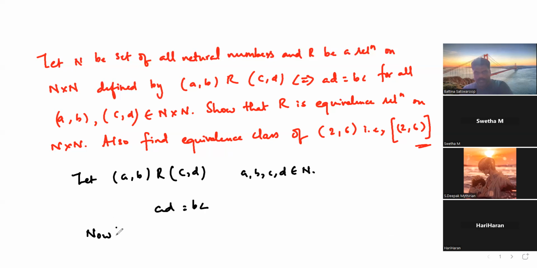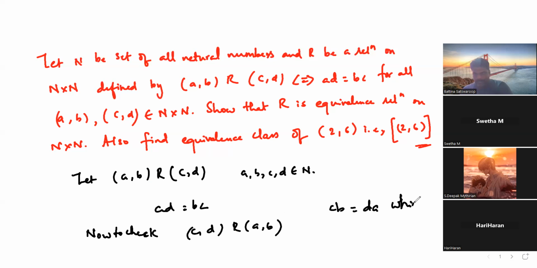Now to check, what will you check? (C, D) is related to (A, B). So CB will be equal to AD. Right? Or CB will be equal to DA. It is all the same.